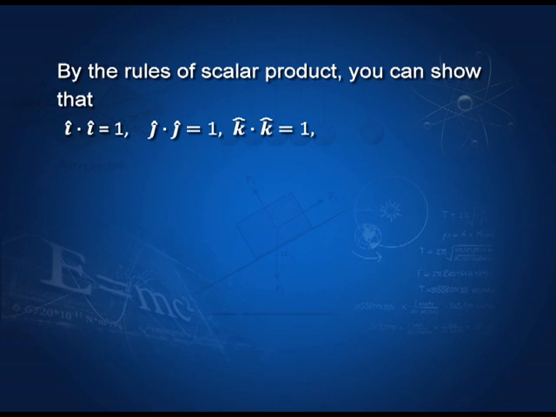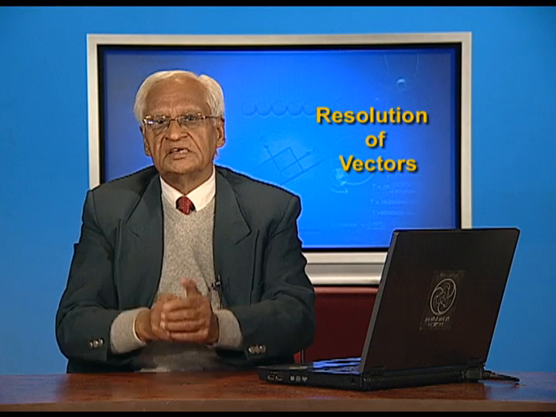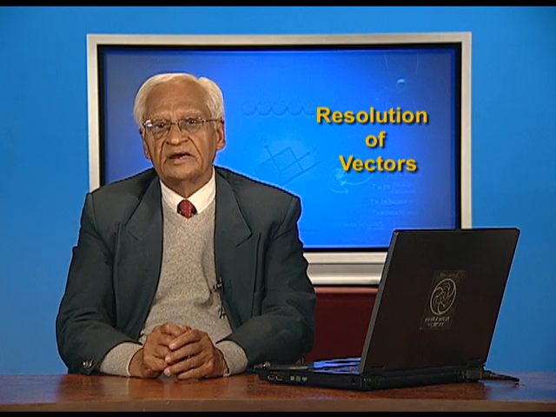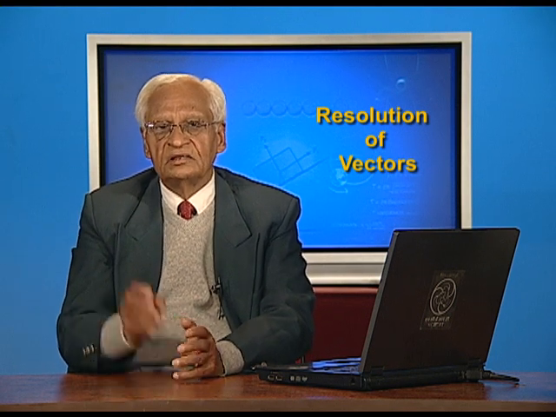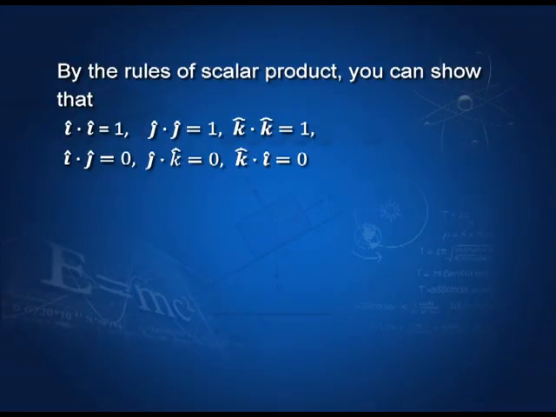On the other hand, if I take i cap dot j cap, then it is equal to 0, because the angle between them is 90 degrees and cosine of 90 degrees is 0. Therefore, i cap dot j cap is 0, j cap dot k cap is 0, and k cap dot i cap is equal to 0.